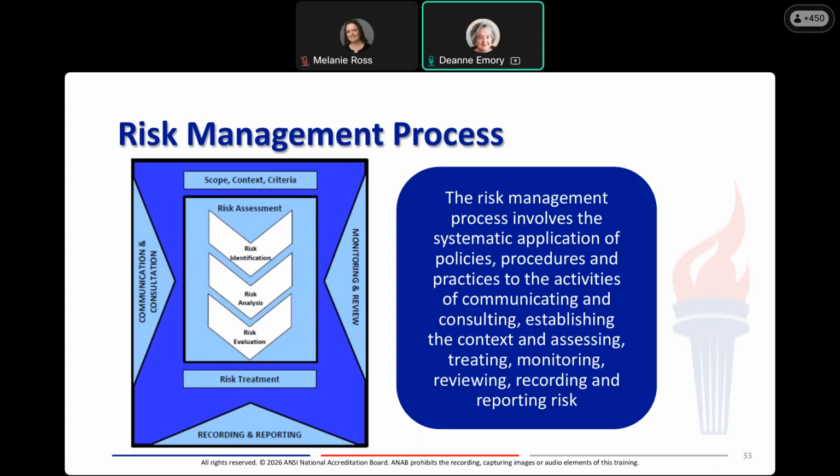This is what we're going to be doing in March. We are going to be looking at ways to assess and identify our risk. We're going to be looking at tools to analyze risk, and then how to evaluate and treat that risk.